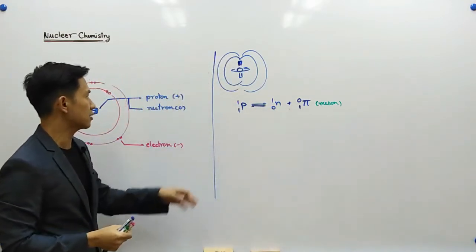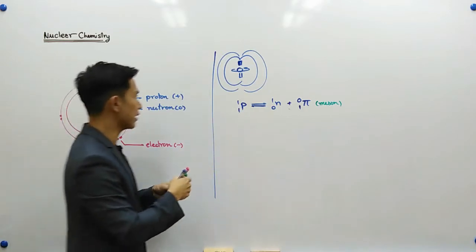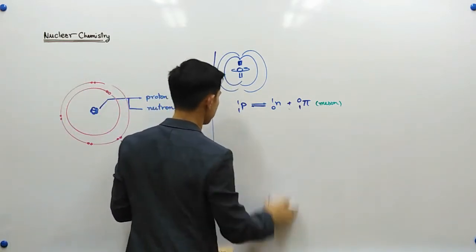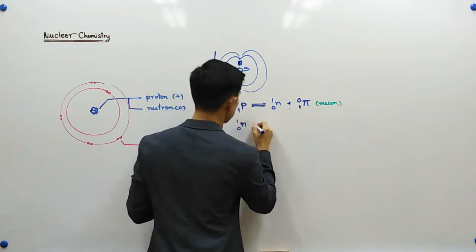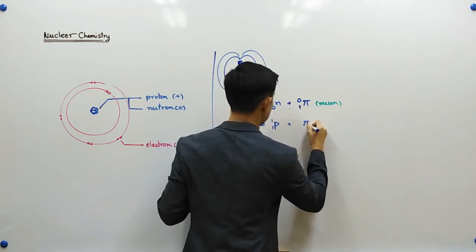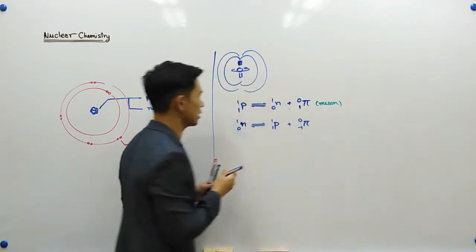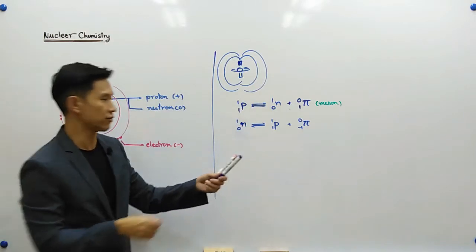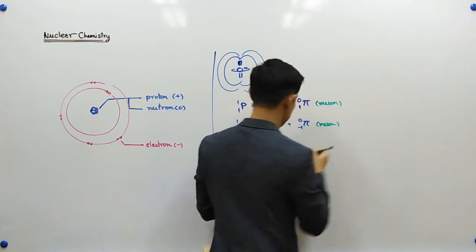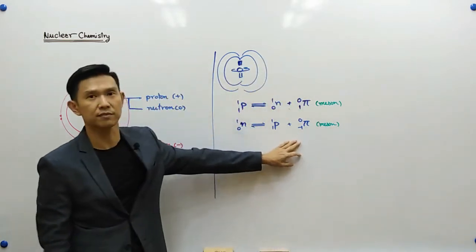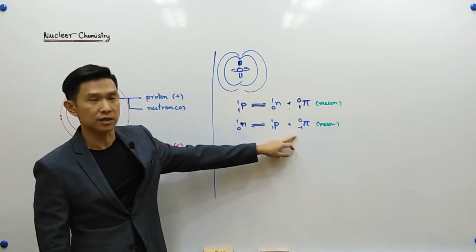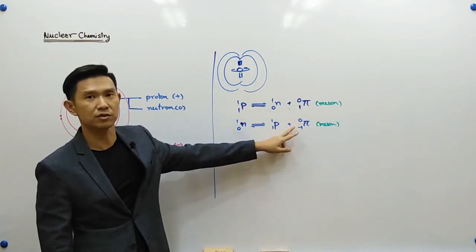So as you can see, a proton can transform into a neutron, and also a neutron, which is 0, 1, can transform to be a proton like this, but in exchange it has to give you a negative charge of the meson here. So the negative meson has a nuclear symbol similar to the electron, right? Negative charge, 1 minus, and the mass number is equal to 0.